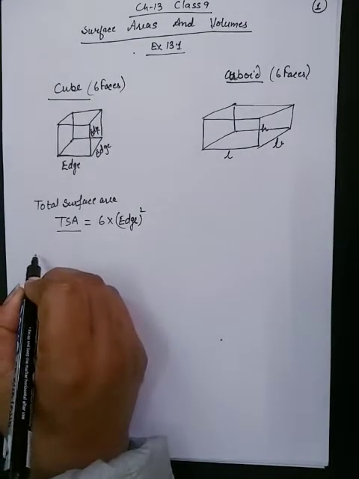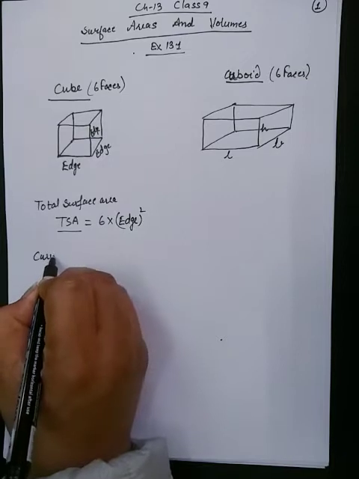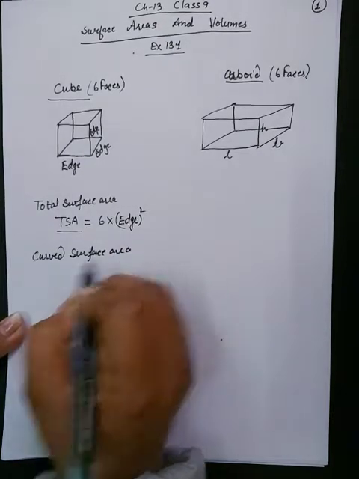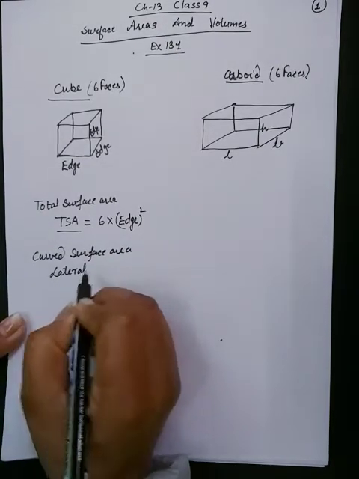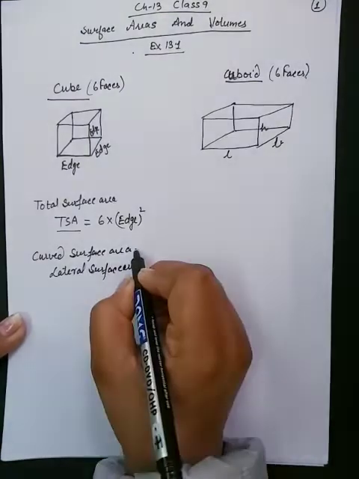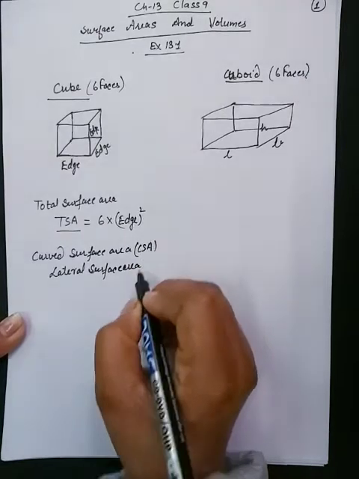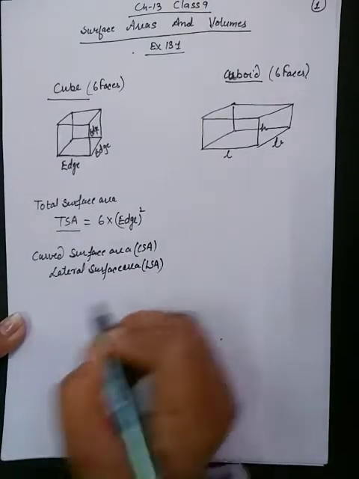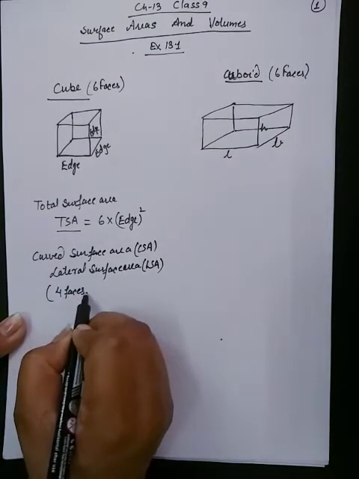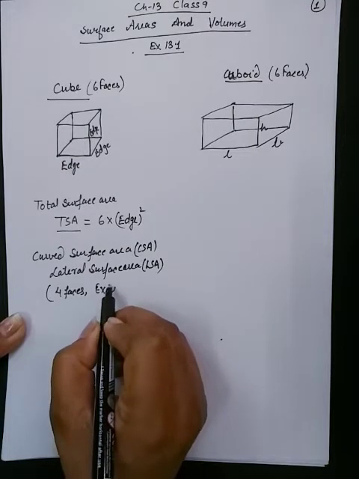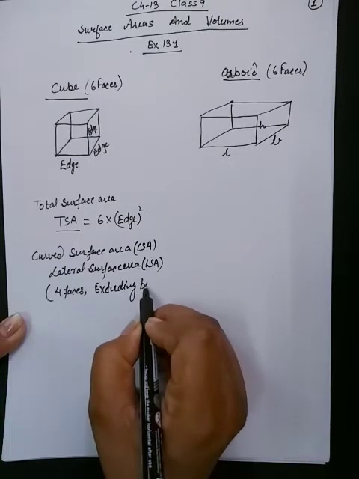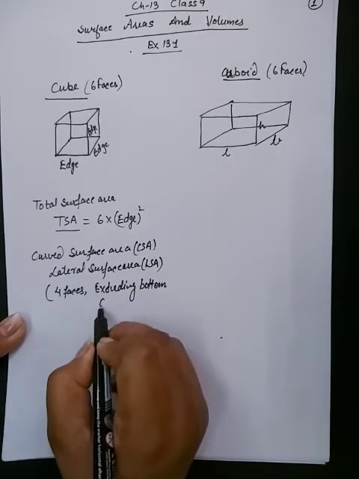And when we have to find its curved surface area, or we can say lateral surface area, short form CSA or LSA, it means we have to find the area of its 4 faces, excluding bottom and top.